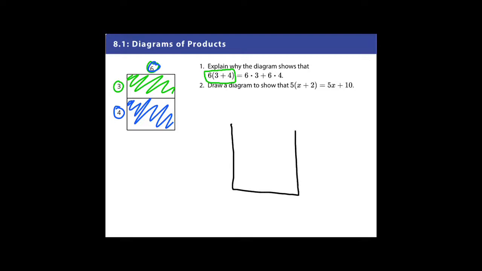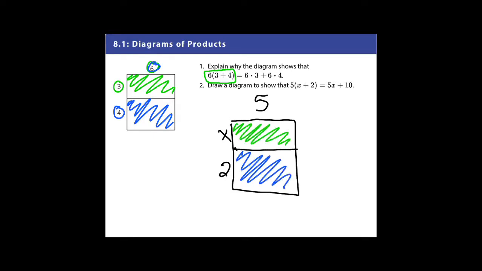So if we do this, and then we put a 5 up here, an x here, and a 2 here. Right here would be 5x, and right here would be 10 because you take this 5 times the 2 and this 5 times the x.